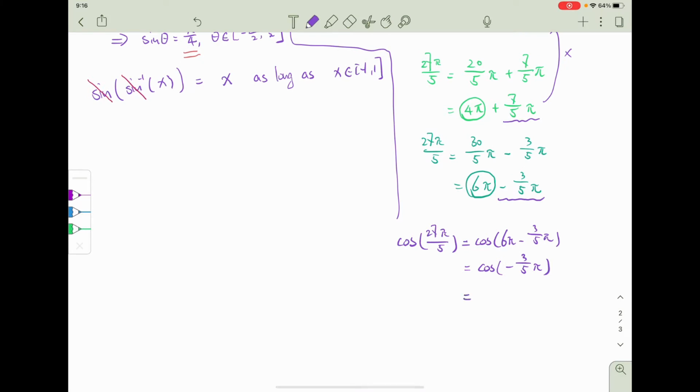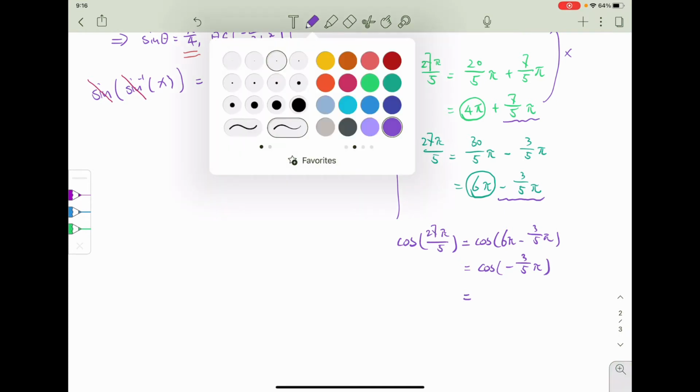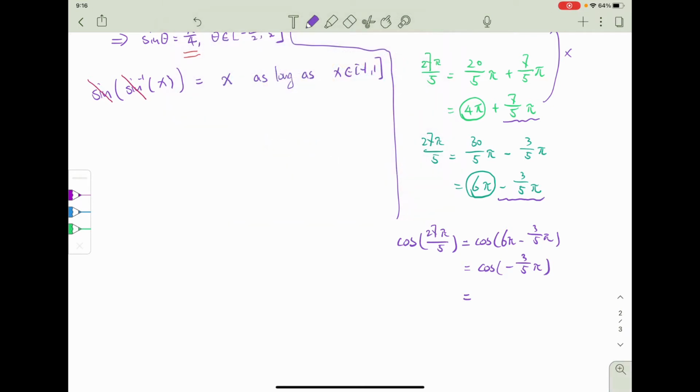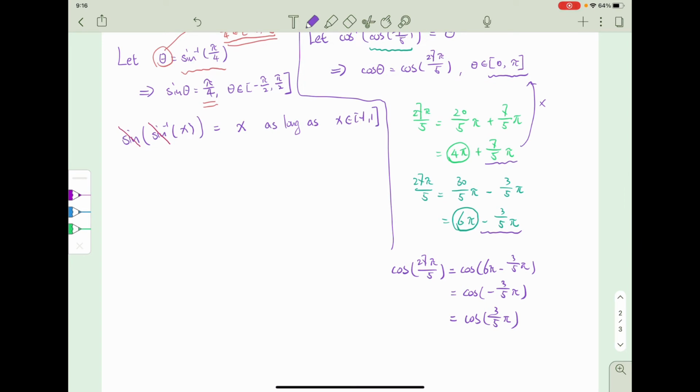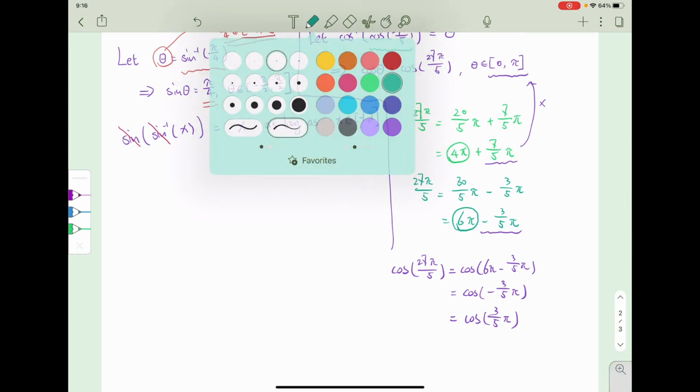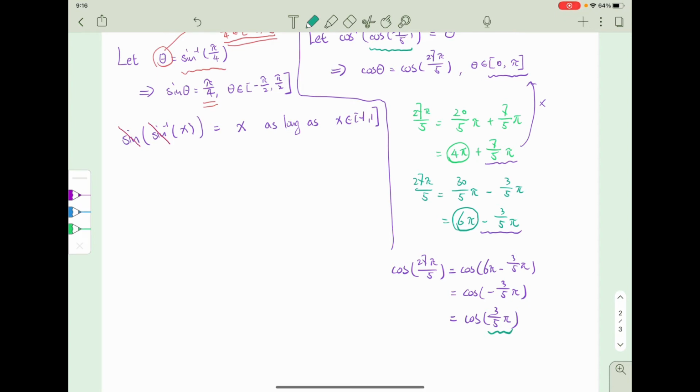And we know that cos function is an even function. Even function has the ability to swallow this negative sign. So this immediately turns into cos 3 pi over 5. Right? So now we have found the angle 3 pi over 5, which is inside our interval that is required, and it has the same cosine value as the angle 27 pi over 5, right?